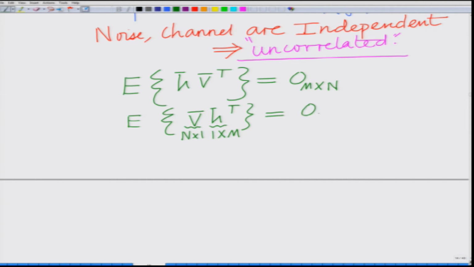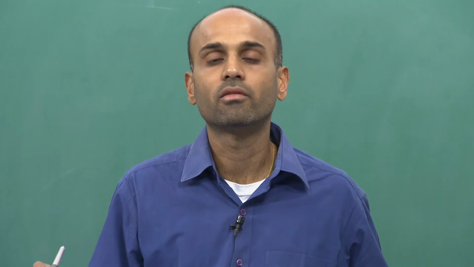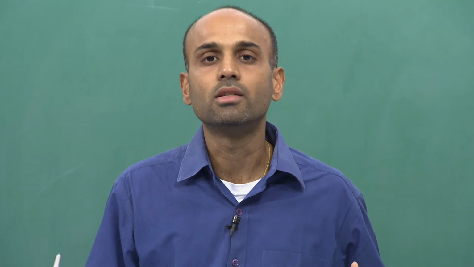So, this will be 0, n cross m, correct, because the channel vector and the noise samples are uncorrelated. Therefore, the expected value of h bar V bar transpose and the expected value of V bar h bar transpose are both 0.